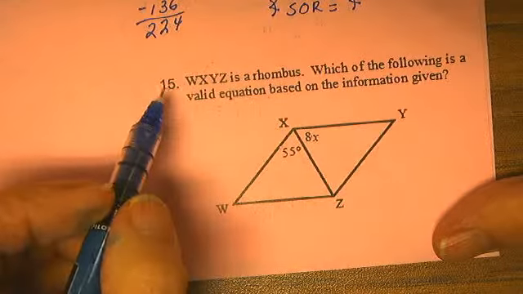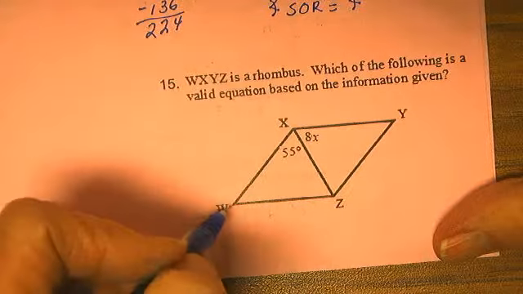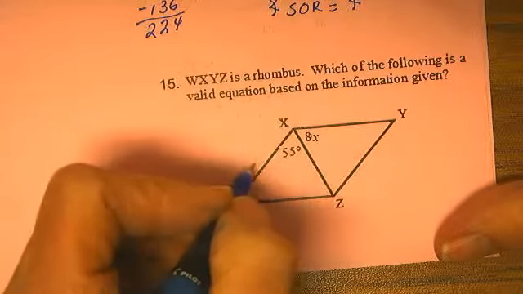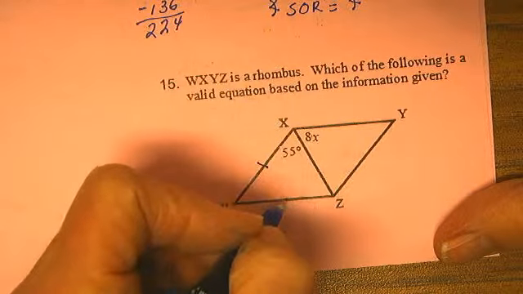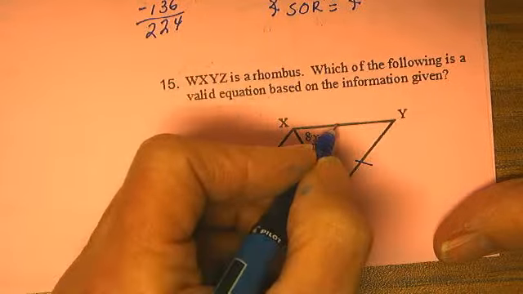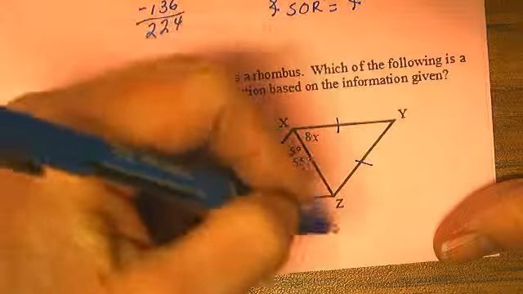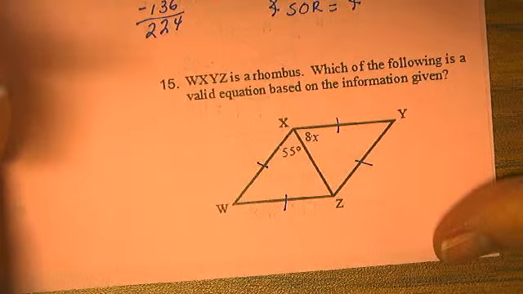And problem 15, WXYZ is a rhombus. That means this is equal to this is equal to this is equal to this. We also know that I have 2 pairs of parallel sides.